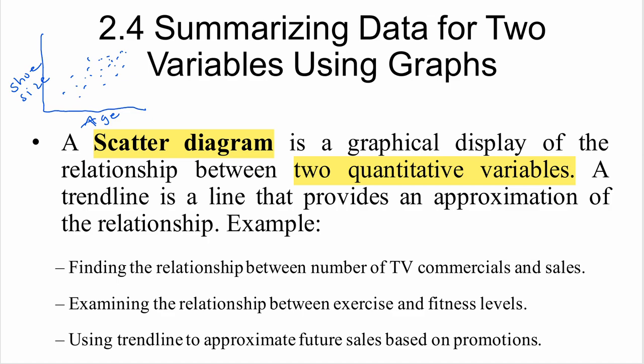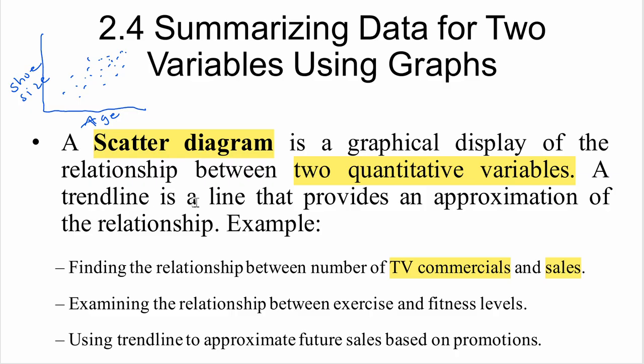For instance, we could use a scatter plot to find a relationship between number of TV commercials and sales. Is there a positive relationship between TV commercials and sales? Do we hope to see the sales value increase as the number of TV commercials increases? Do people buy because there is a lot of commercials going on there?